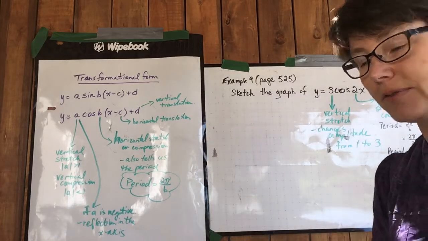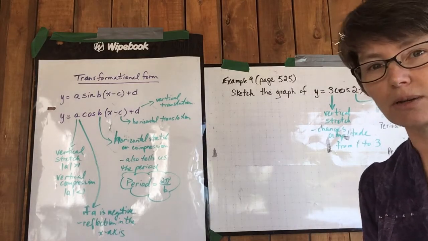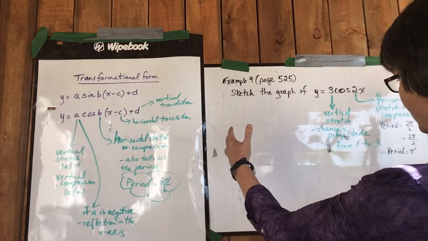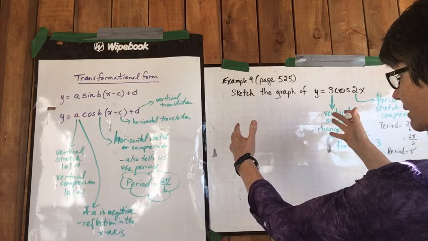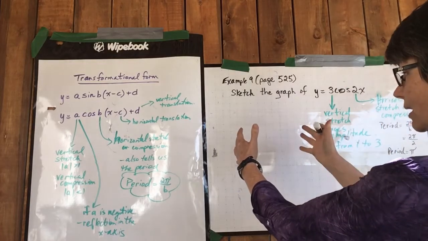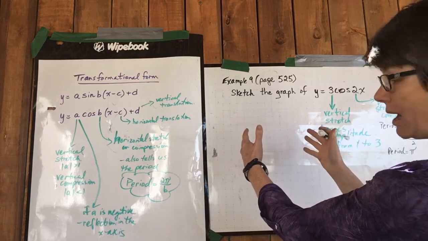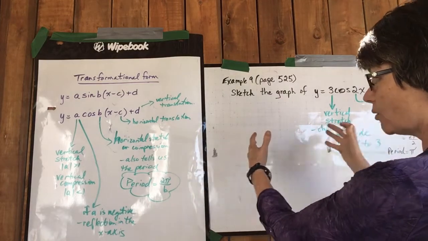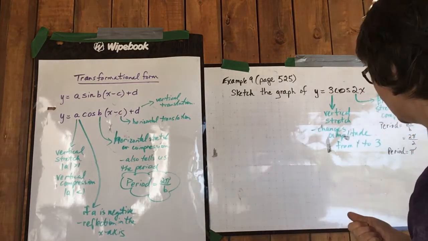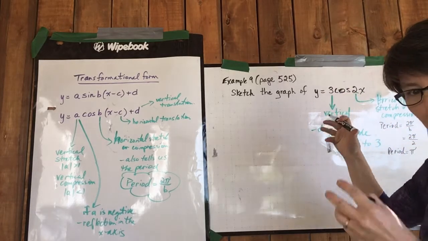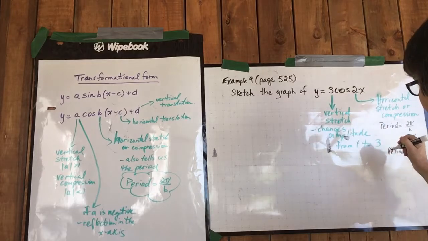The period of the normal cosine function, just y equals cos x, is 2 pi. So that period is going to become half as big. It's going to be pi. So that's a horizontal compression. Remember, vertical stretch or compression sort of works the opposite way that a horizontal stretch or compression works.